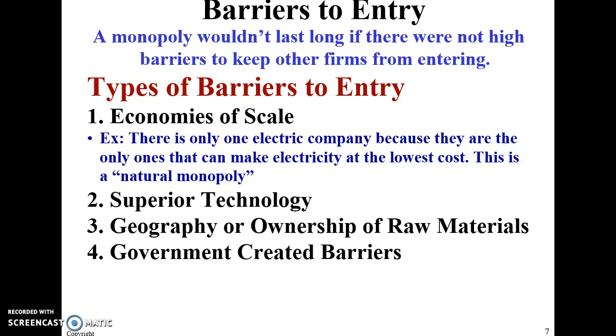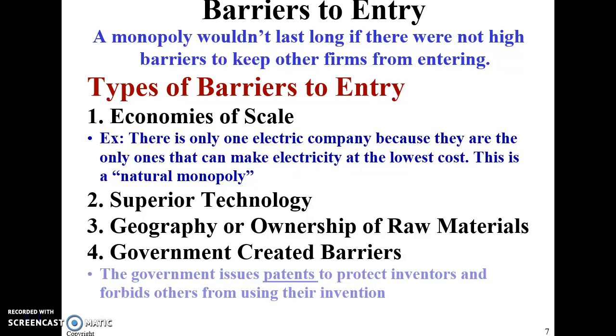And then there are government-created barriers to entry, which create monopolies in the pharmaceutical industry for certain drugs, because the government will implement a patent which would protect inventors after they've created their product or idea, and it forbids others from using that invention.